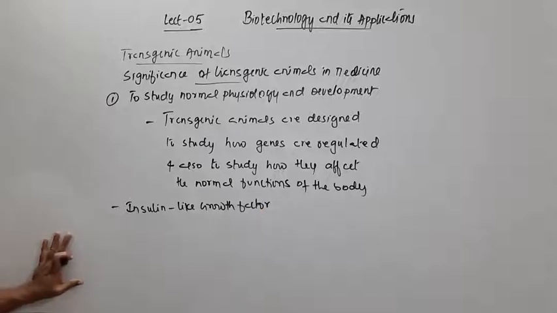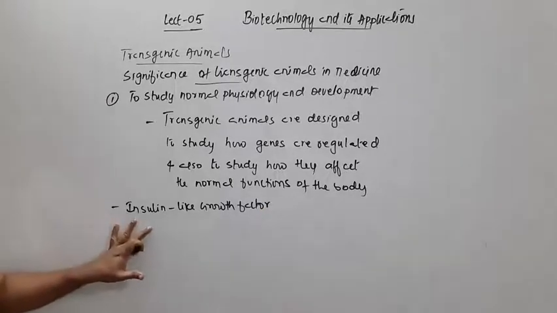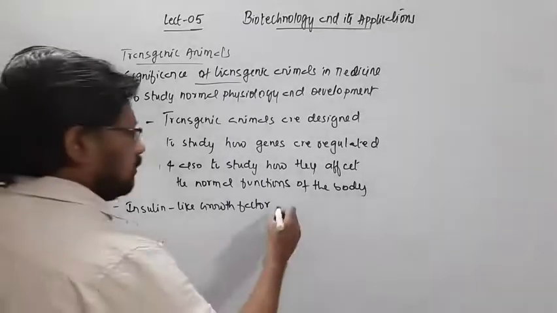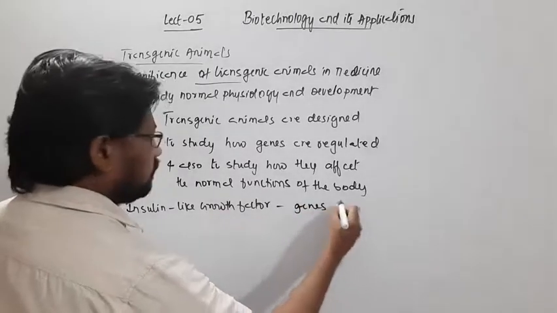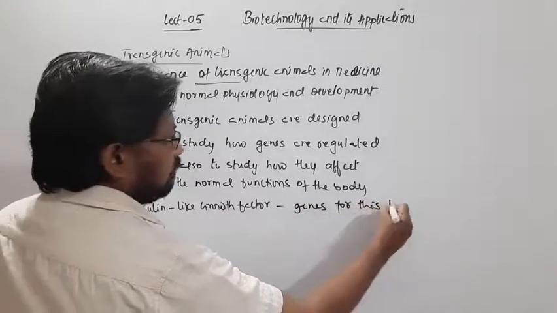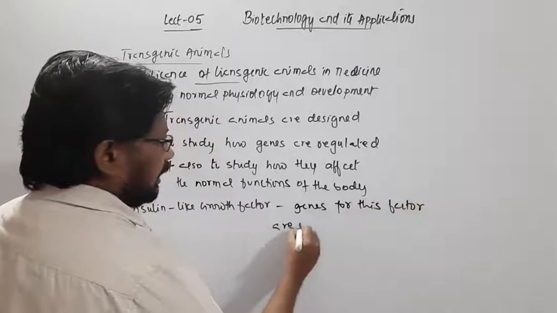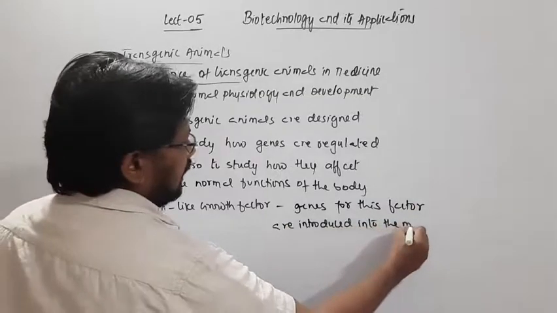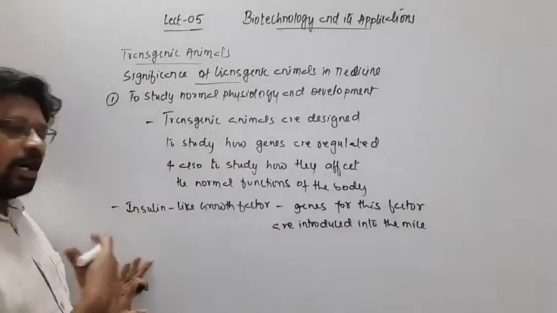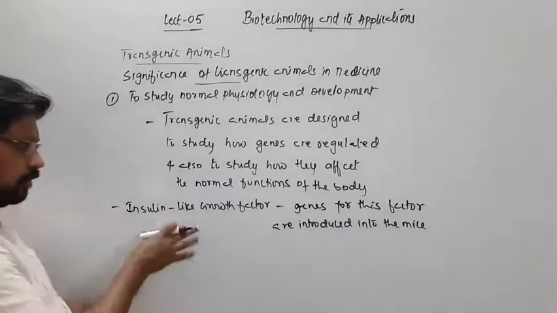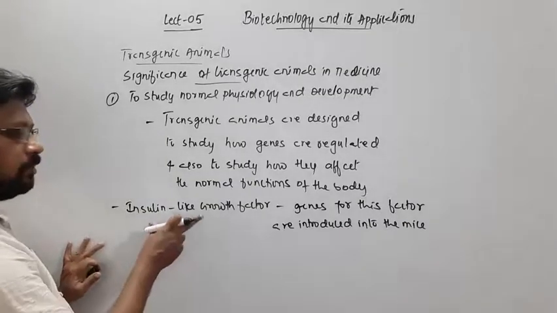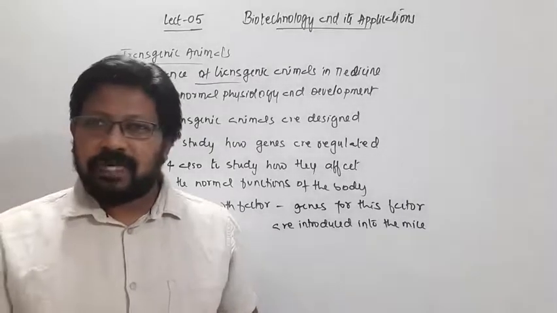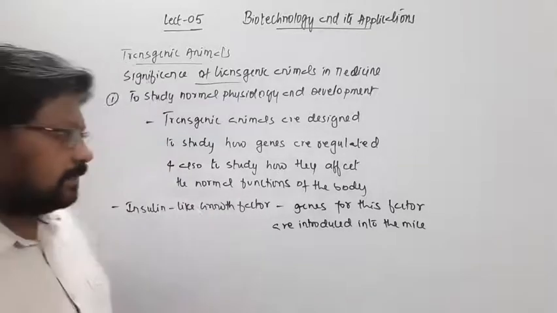The genes that are responsible for producing this insulin like growth factor are introduced into the mice, and now they are studying how that gene produces insulin like growth factor, and how that insulin like growth factor shows its effect on the body of mice, right?